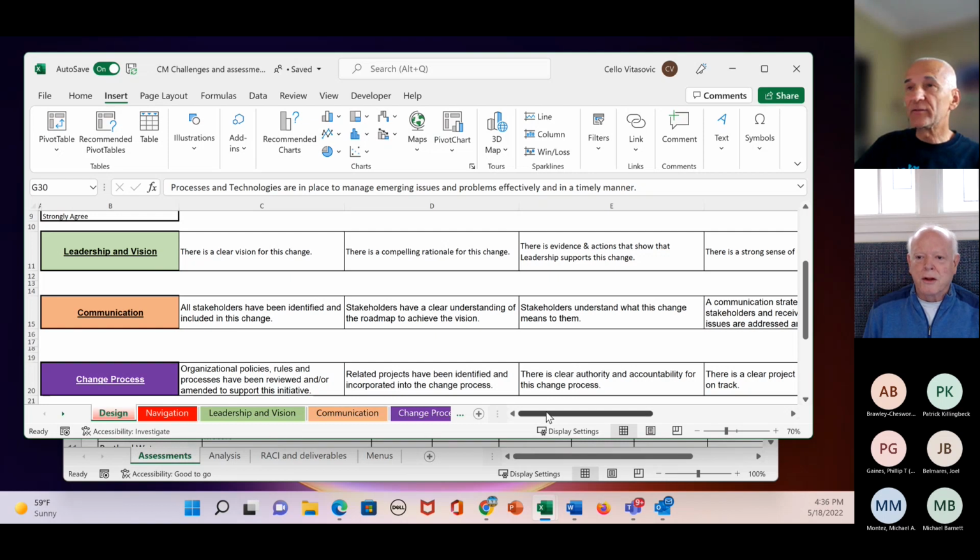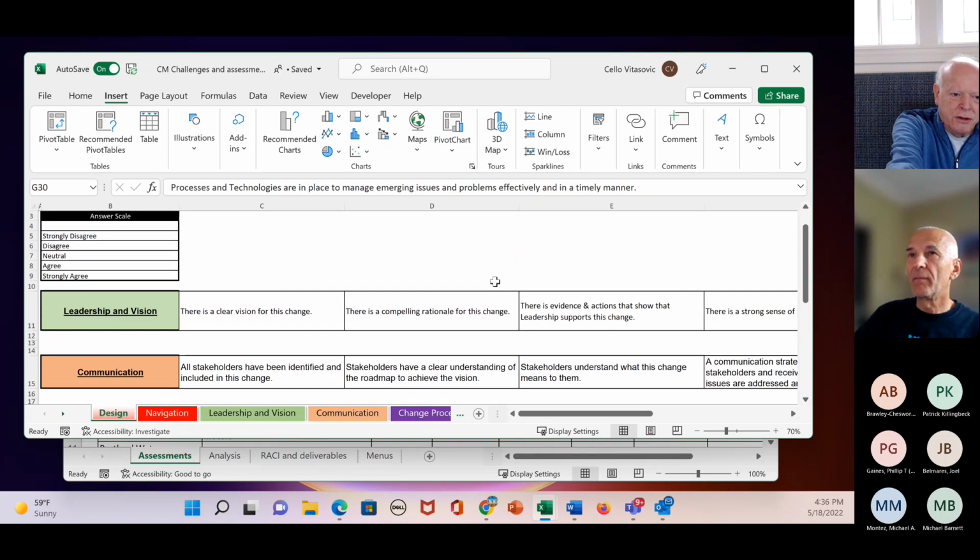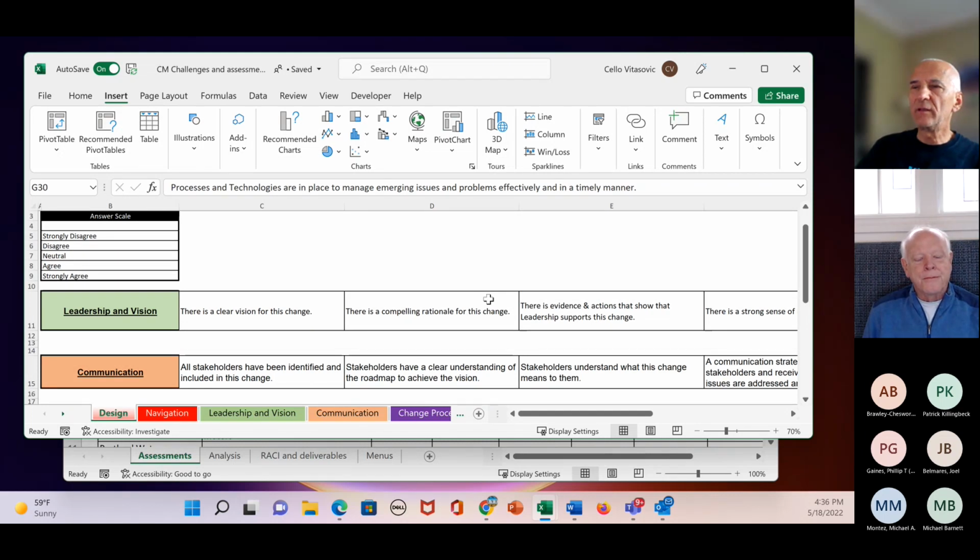And Cello, yes, you might just scroll up slightly, and explain that there's a scale that applies to these. Yes. So each one of these is a statement, and then the answer scale that comes up as options is from strongly disagree to strongly agree.